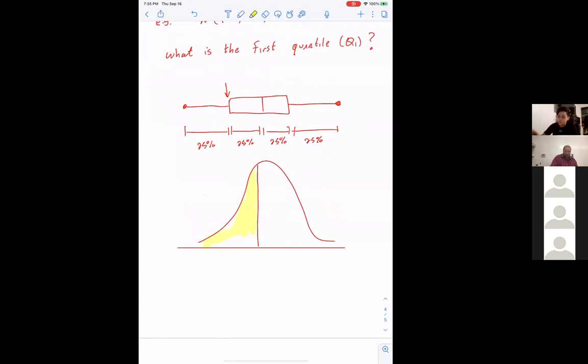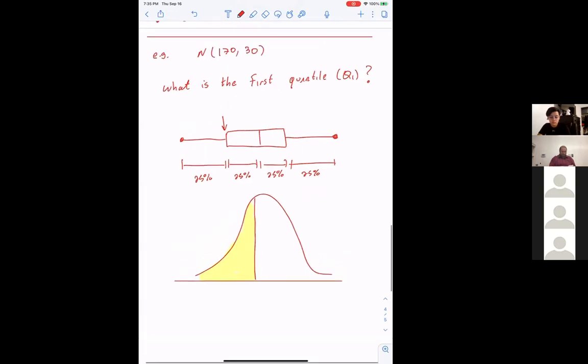So how do I find the point at which 25% of the data is to the left? We do the inverse norm like we did last time. Why not? Let's do the inverse norm. So second distribution, inverse norm, area is how much? 25%.